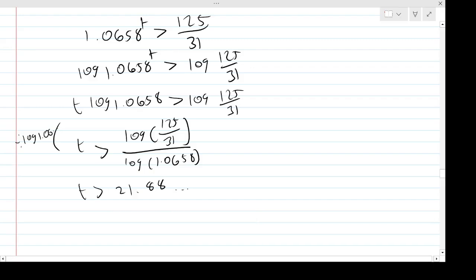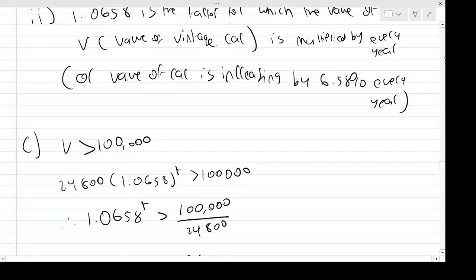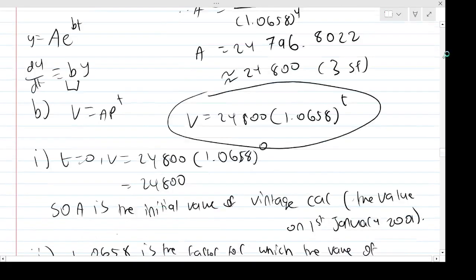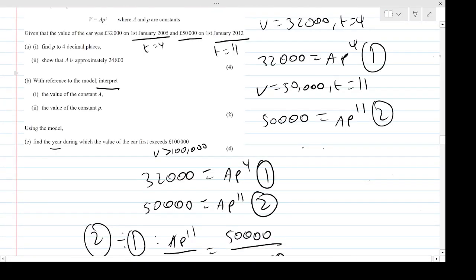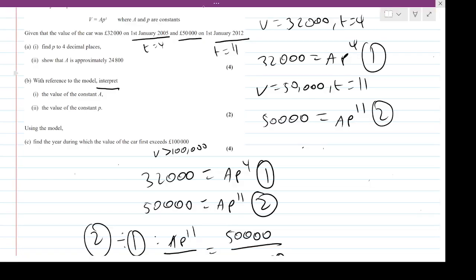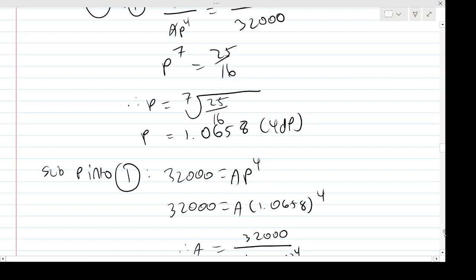But we shouldn't necessarily round to the nearest integer here. Let's think about what the question said. It wants the year when the value first exceeds 100,000. The year means, if it's 2012 or 2005 or 2001 or whatever, that's the year it's on about.